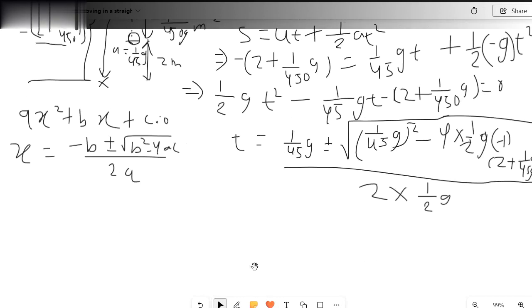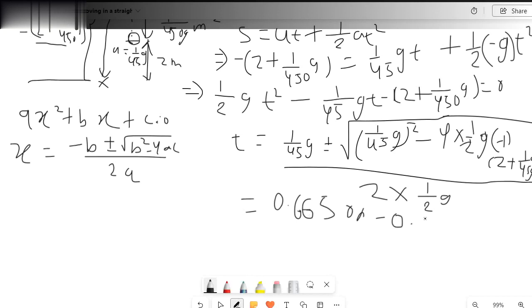Using the calculator we get the values of 0.665 seconds or minus 0.621 seconds. Now because we know that time is always positive, therefore t is equal to 0.665 seconds, and this is our final answer.